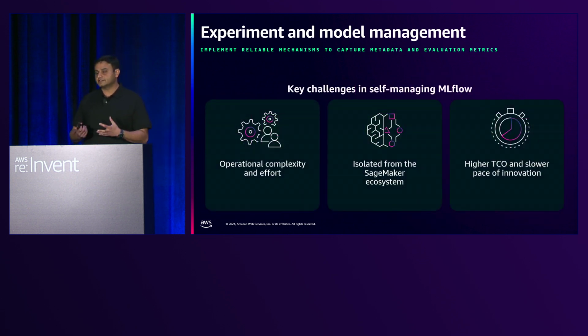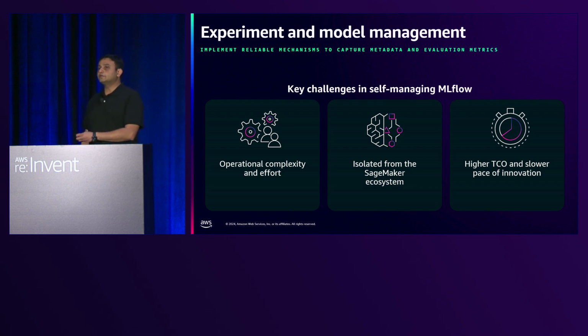Customers tell us that they love open source MLflow for tracking experiments. However, they don't like that they need to take on the burden of managing the infrastructure for hosting MLflow. And MLflow is a rapidly moving product, so the customers have the onus to upgrade every time a new version is released, or when they want to adapt to the latest version of MLflow.